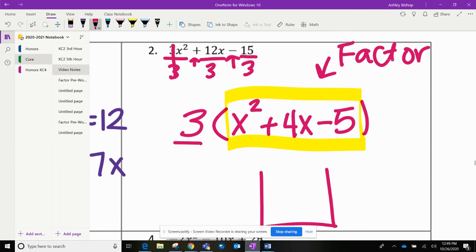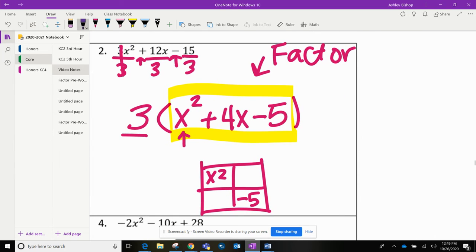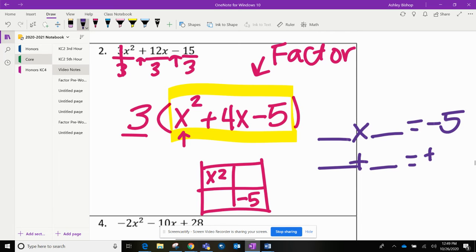So I'm going to make my factor box. I have my first term in my first box, my last term in my last box, and I want to go find the 2 numbers that multiply to get negative 5 and add to be positive 4x.